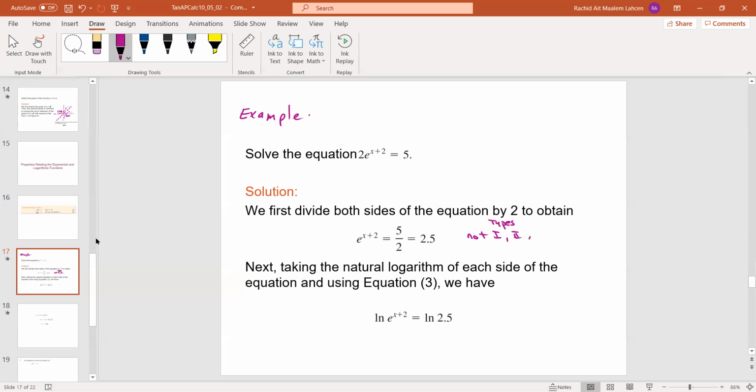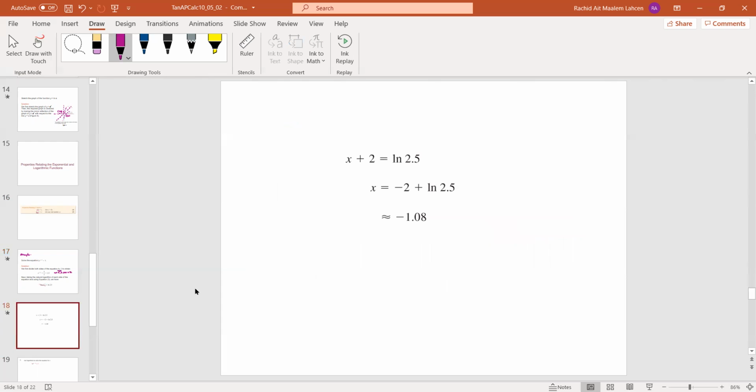This is type 3, which means you need to take a log to both sides. And if you have e, you take a natural log to both sides, and that's going to cancel this part here. And you get x plus 2 equal.